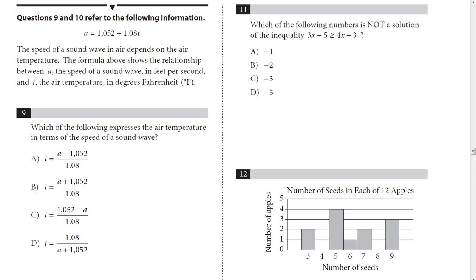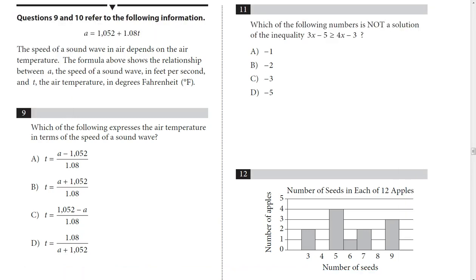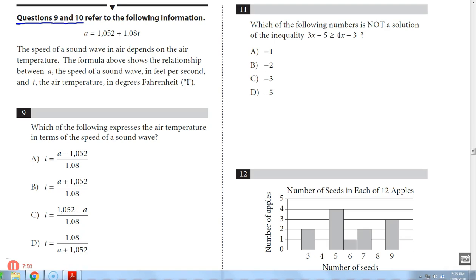All right, so the speed of a sound wave in air depends on the air temperature. The formula above shows the relationship between A, the speed of sound in feet per second, and T, the temperature in Fahrenheit. So let's get back into read mode and see what's going on.